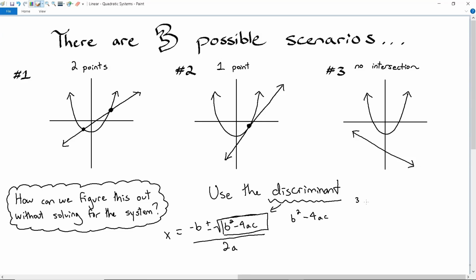And we have three rules that we can use when we look at the discriminant to figure out what scenario we're dealing with. If our discriminant is greater than 0, we have scenario number 1, where we have 2 points of intersection.